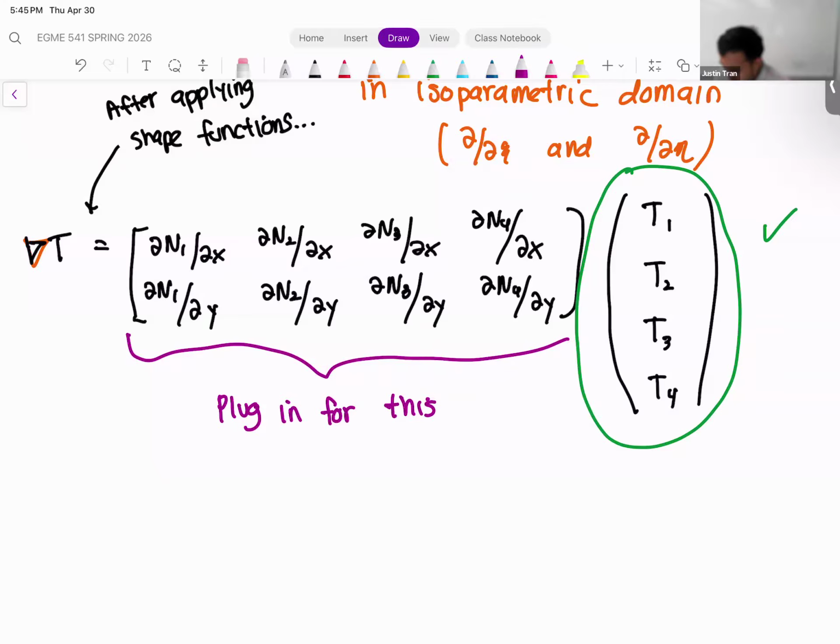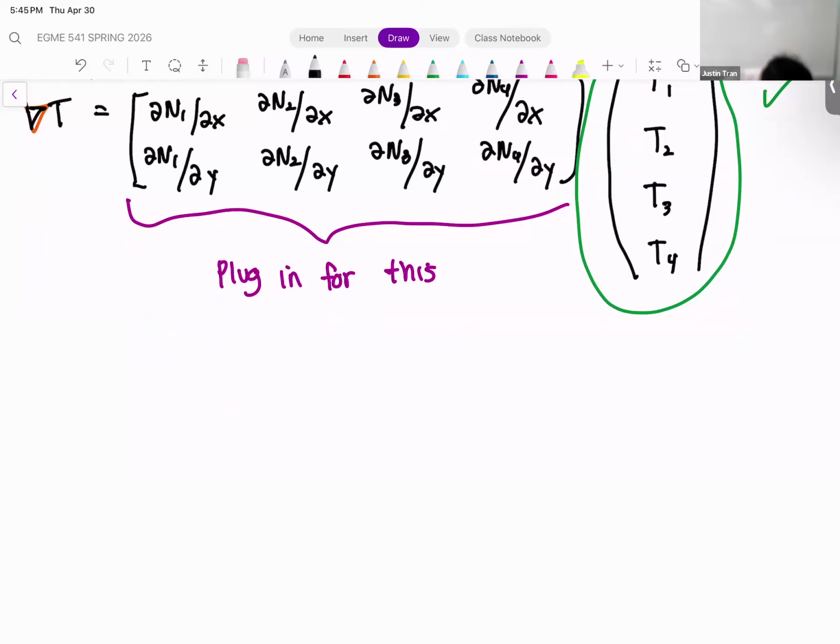So what is that going to look like? If you remember from last time, we found our Jacobian.